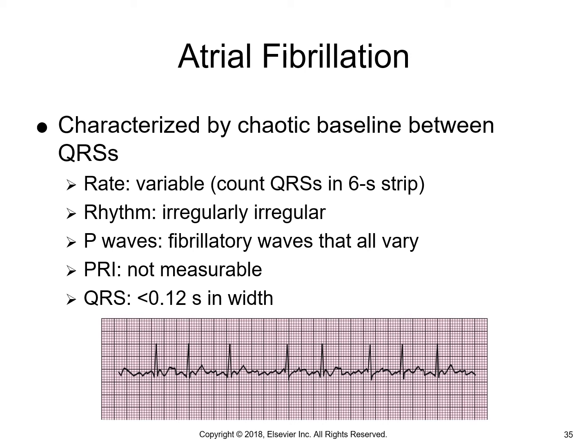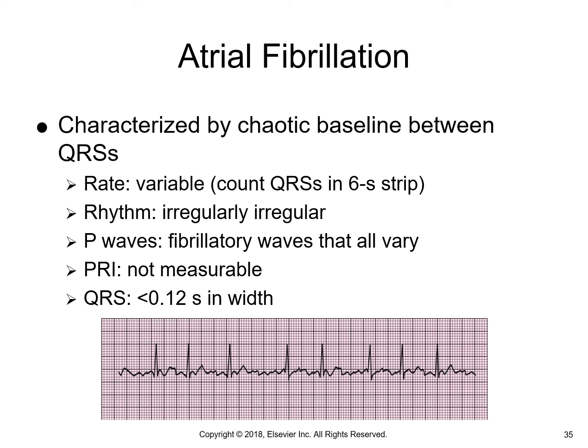So AFib is characterized by a chaotic baseline between the QRS complexes. You just have these squigglies in between the QRS complexes. Your rate can be variable, your rhythm is irregularly irregular, and your P waves are fibrillatory waves that all vary.